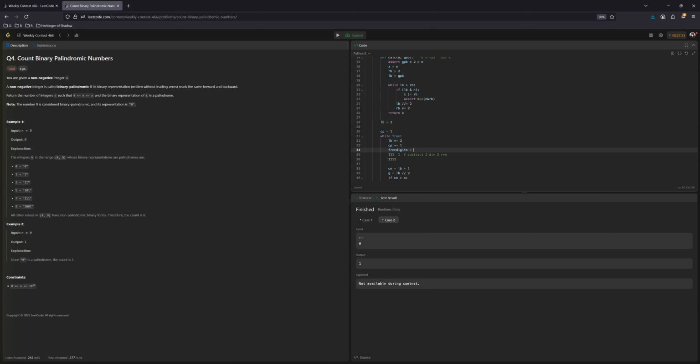Okay, so free digits equals current power minus 2, current power plus 1 divided by 2, right?